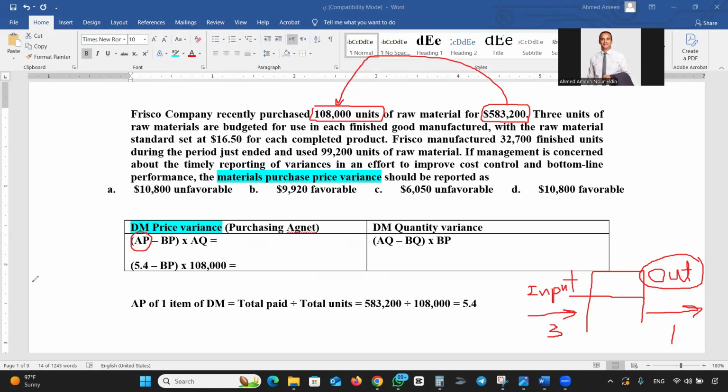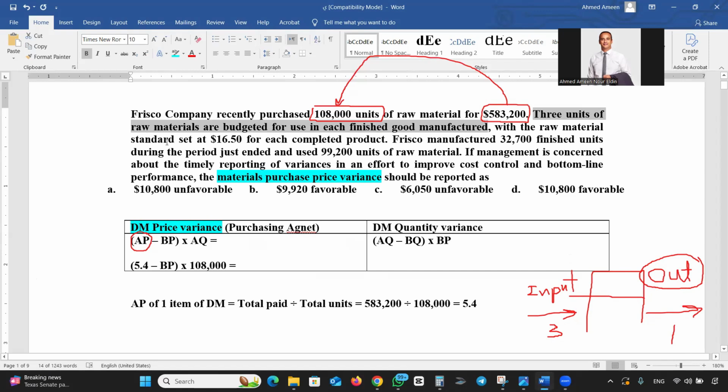Let's read it again. 3 units of raw materials are budgeted for use in each finished good manufactured. Each finished good manufactured, the one I write on the right side, needs 3 units of inputs I wrote on the left side.